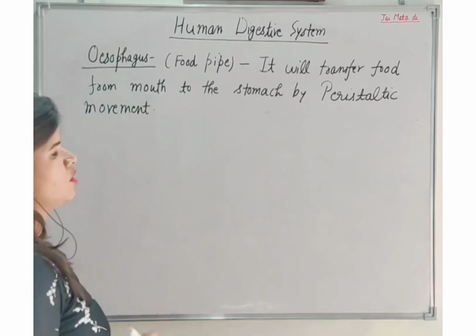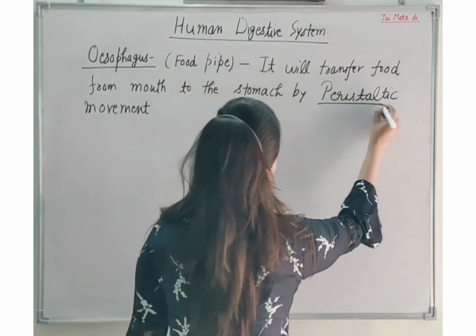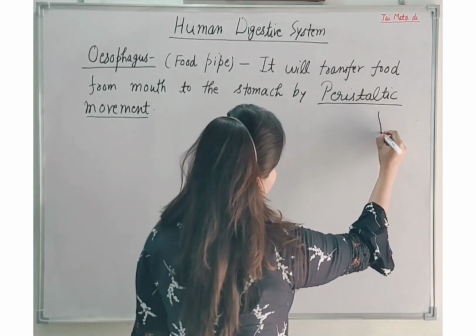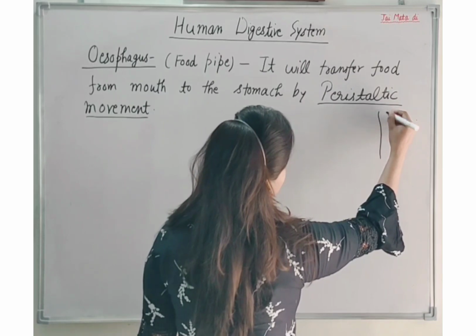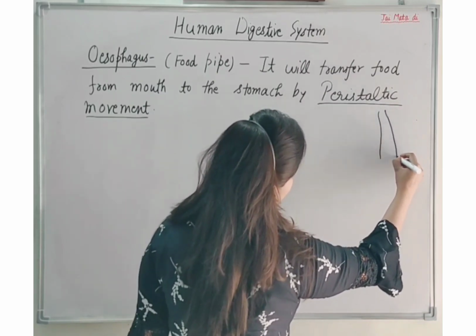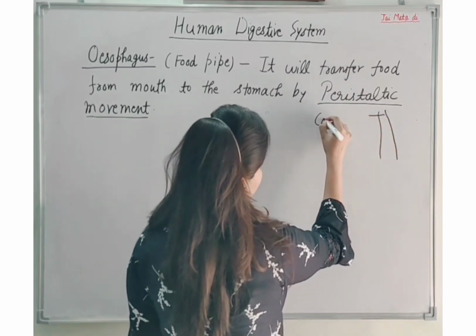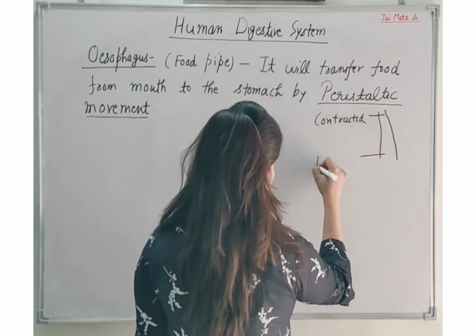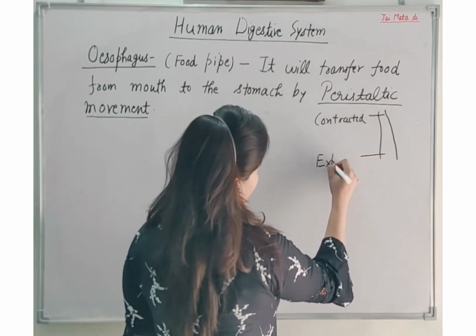Now, what is the meaning of this peristaltic movement? Let me tell you. This food pipe is just like this kind of pipe, which is contracted at this end and expands at this end.